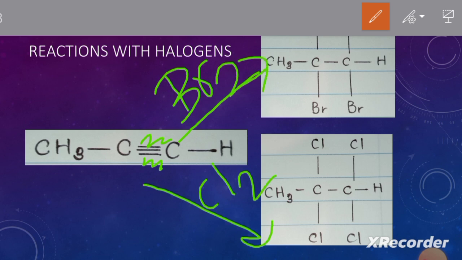If you add Cl2, between these two carbons it remains a single bond, and replacing the other two bonds, chlorine or bromine adds. So if you want to add 4 bromine, 4 chlorine or 4 iodine to a molecule, you should add the halogen to an alkyne.